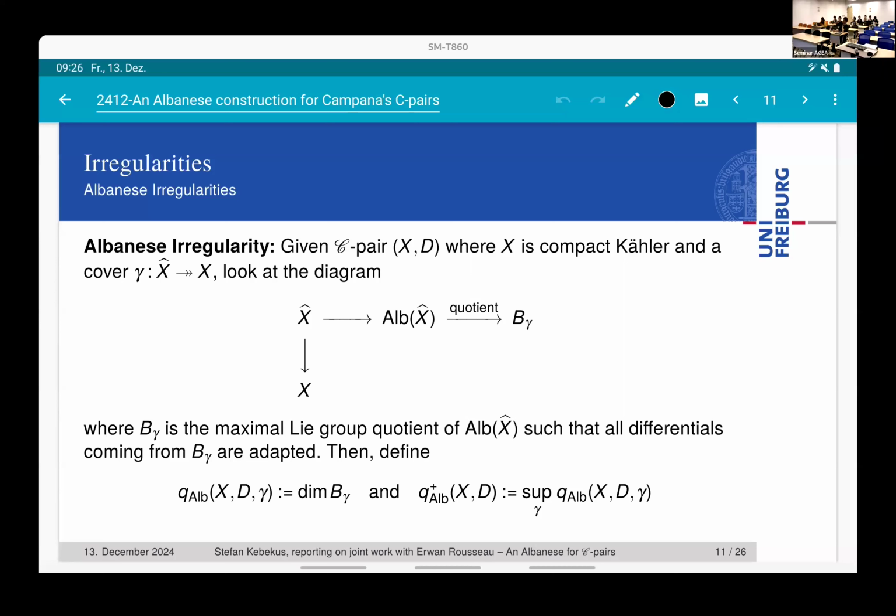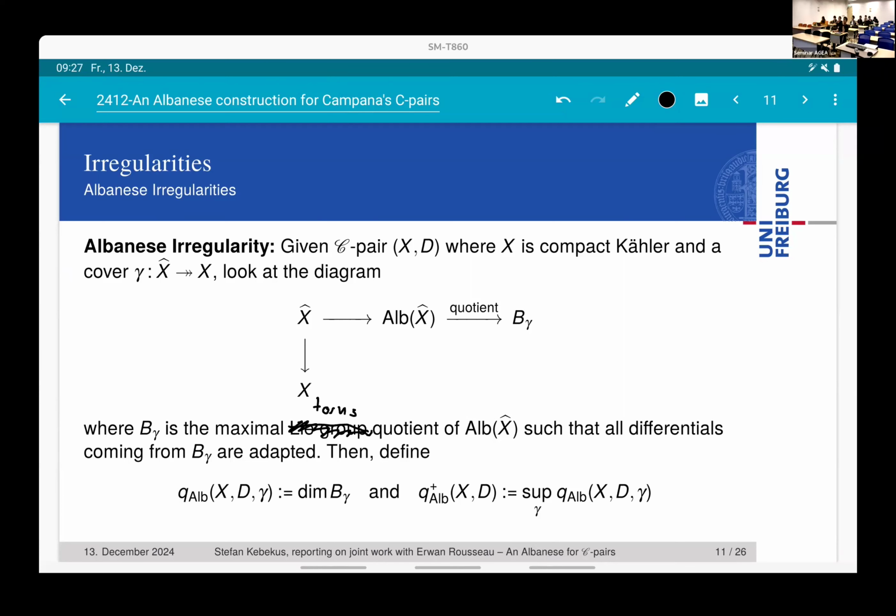Sorry, why do you use the term Lie group instead of just torus? Because I'm in the Kähler setting. Oh, torus. I have no problem saying torus. The only thing I want is a compact torus.